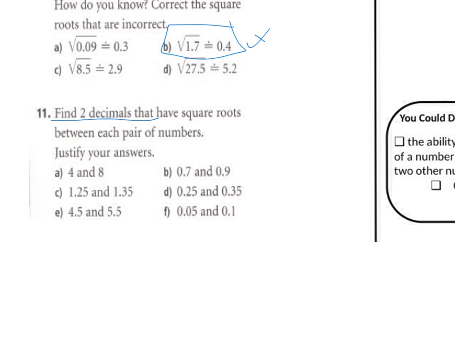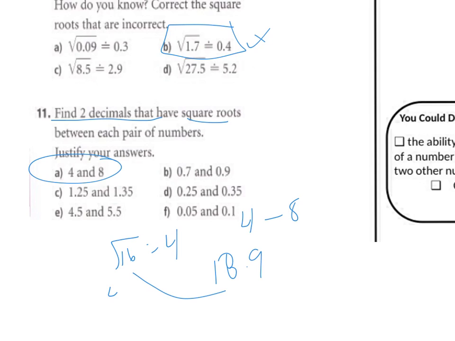So to find two decimal places that have square roots between these two numbers, you just take a number. For example, we know that the square root of 16 is 4, so the square root of 18.8 would have to be between 4 and 8, because we know it's bigger than 16. And that's all they're asking here to do.